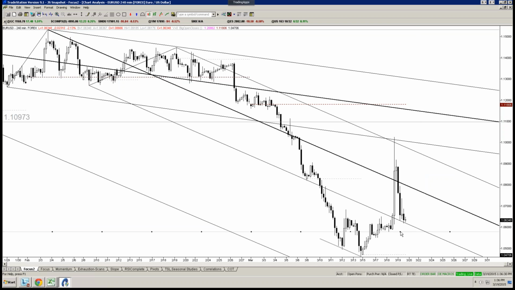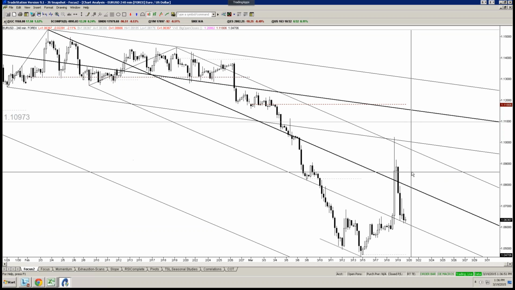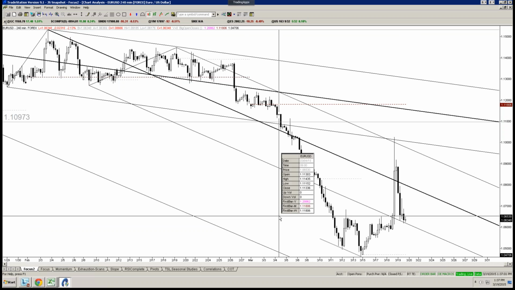And I'd be totally fine going long down here with a stop at 105.75 and a target at 108, right? You're risking, what's that, 60 pips to make 130. Could be better, but it's not terrible. So I like euro down here. See how it holds up, obviously, into the end of the day.